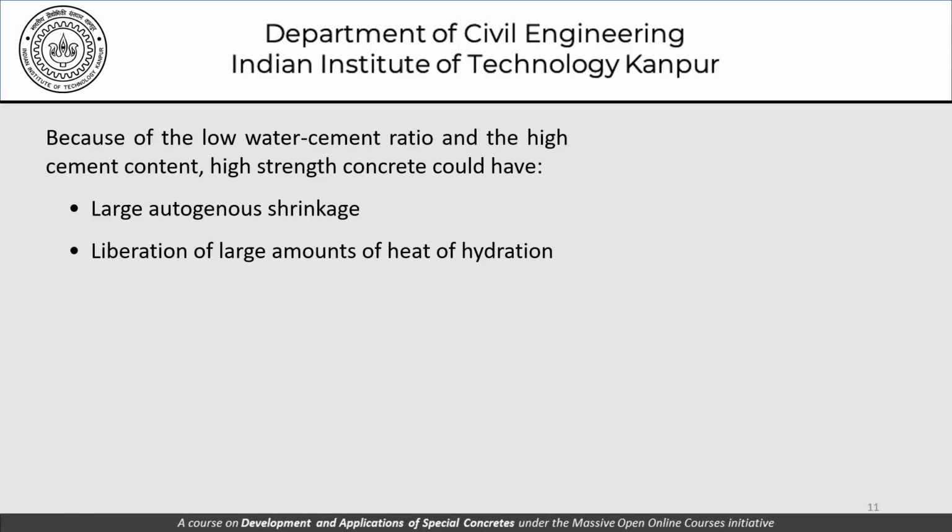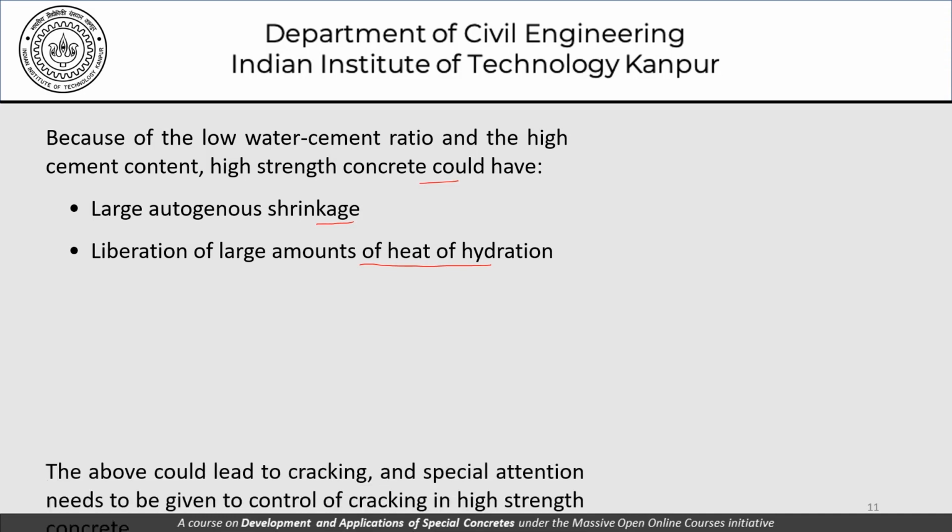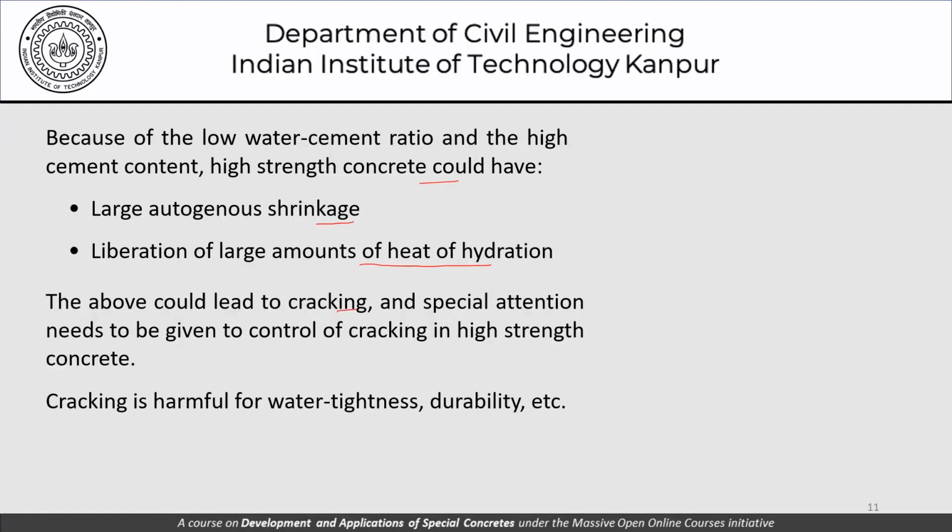Now, because of the lower water cement ratio and the high cement content, high strength concretes could be susceptible to large autogenous shrinkages and liberations of large amounts of heat of hydration. This could lead to cracking, and special attention needs to be given to control such cracks in high strength concrete, which obviously will be harmful from the point of view of water tightness or durability.